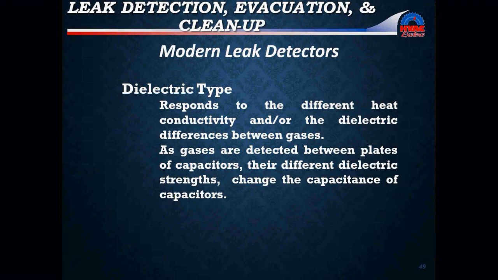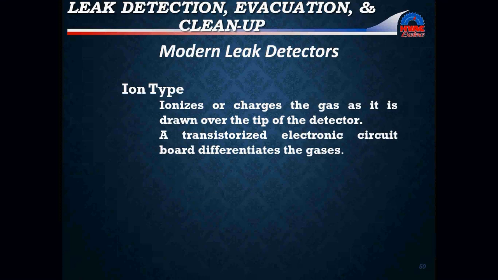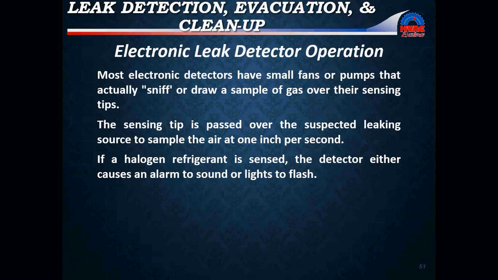As gases are detected between the plates of capacitors, there are different dielectric strengths that change the capacitance of the capacitors, which is what sets them into alarm and tells you that you have a leak. Your ion type ionizes or charges the gas as it is drawn over the tip of the detector. A transistorized electronic circuit board differentiates the gas and tells us whether or not it's actually a refrigerant or nitrogen or whatever it may be.